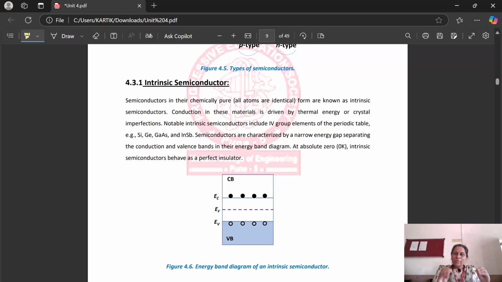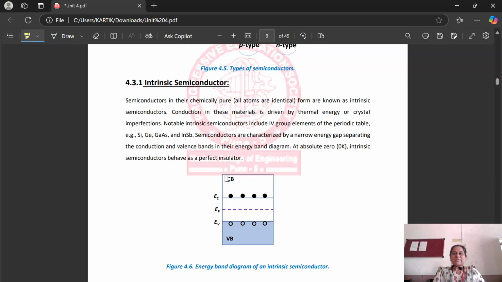So if number of electrons is equal to number of holes, then how exactly does the energy level diagram look like? The energy level diagram contains two important parts, actually three important parts. The first part is the valence band, the second part is the conduction band, and the third part is the band gap present inside the semiconductor. The lower one, which is represented in blue color over here, is the valence band of the pure semiconductor.